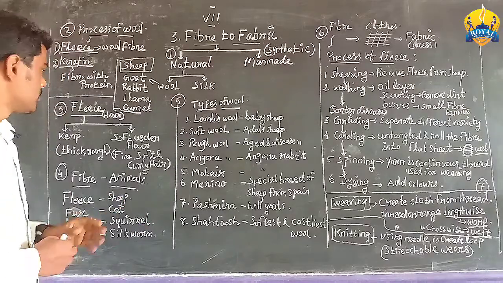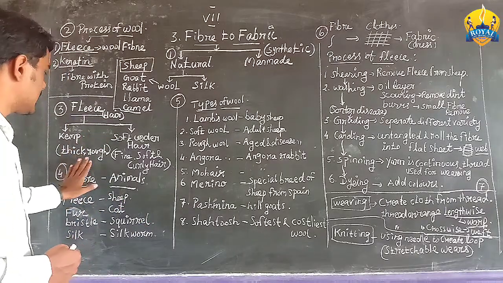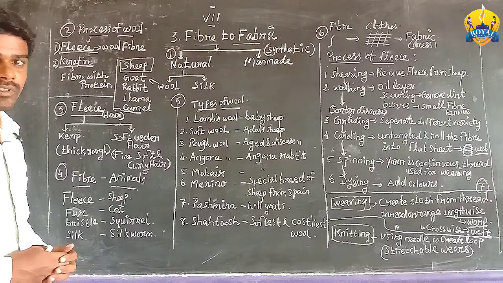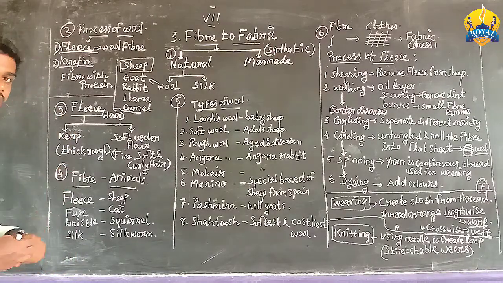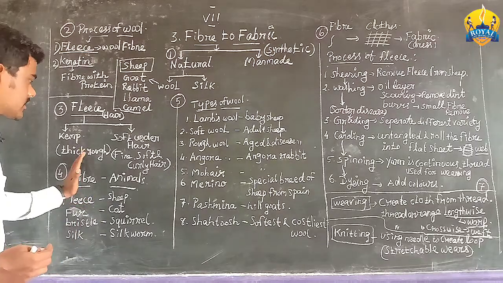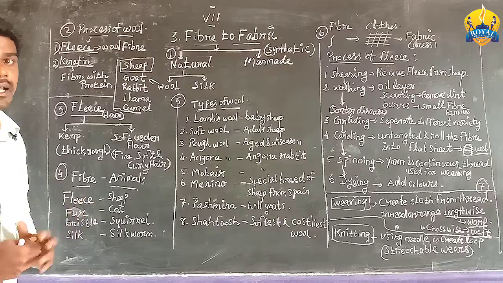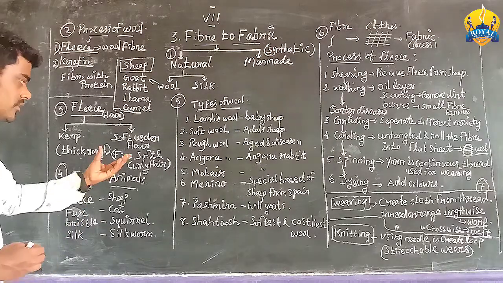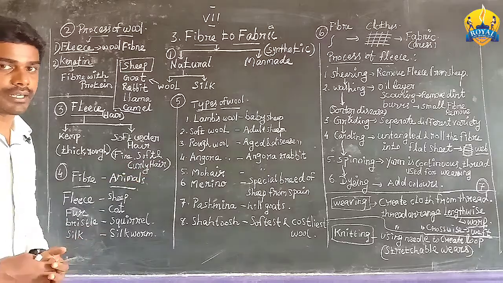So here the fleece, the hair we know, that is kemp, that is thick and rough. The kemp is one of the fleece which is the thickest and roughest fiber. And then next, soft under hair is the softest, which is fine, soft and curly hair.